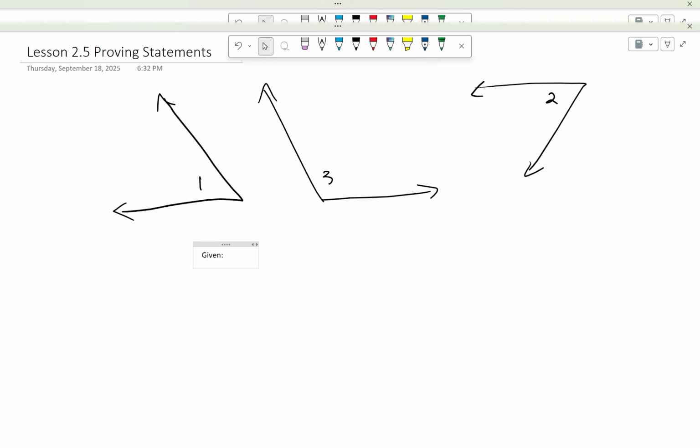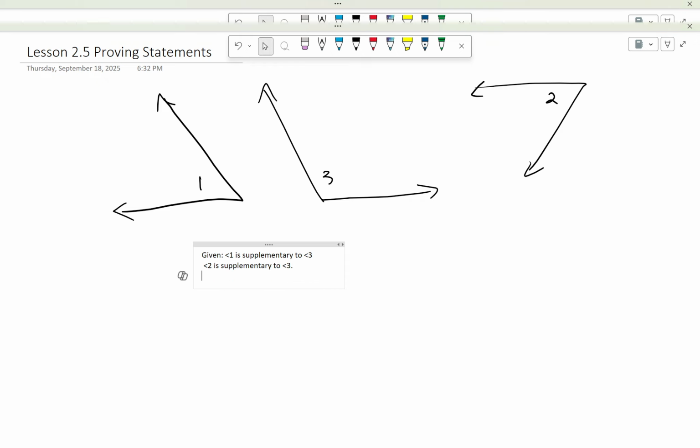We have our given, which is that angle 1 is supplementary to angle 3, and angle 2 is supplementary to angle 3.